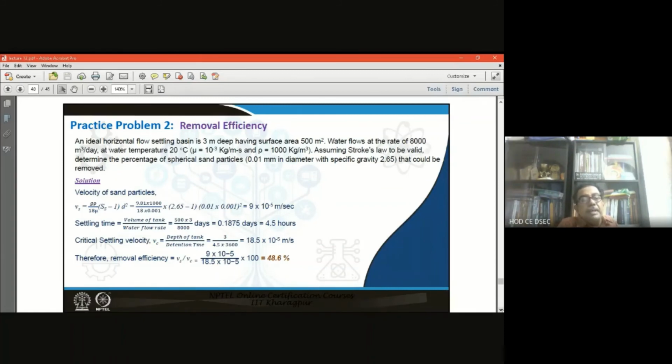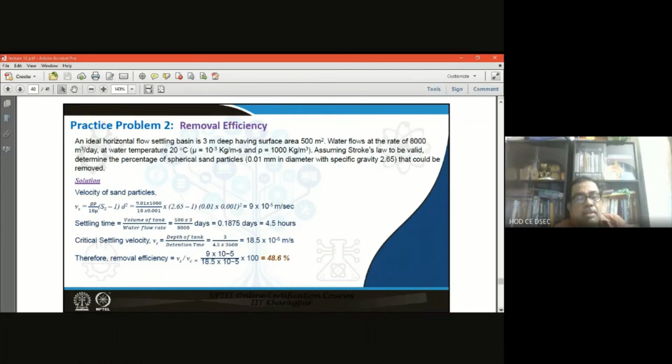If all particles are removed, the settling velocity would be 18.5. But as per Stokes law, we found the settling velocity is 9 into 10 to the minus 5 meter per second.